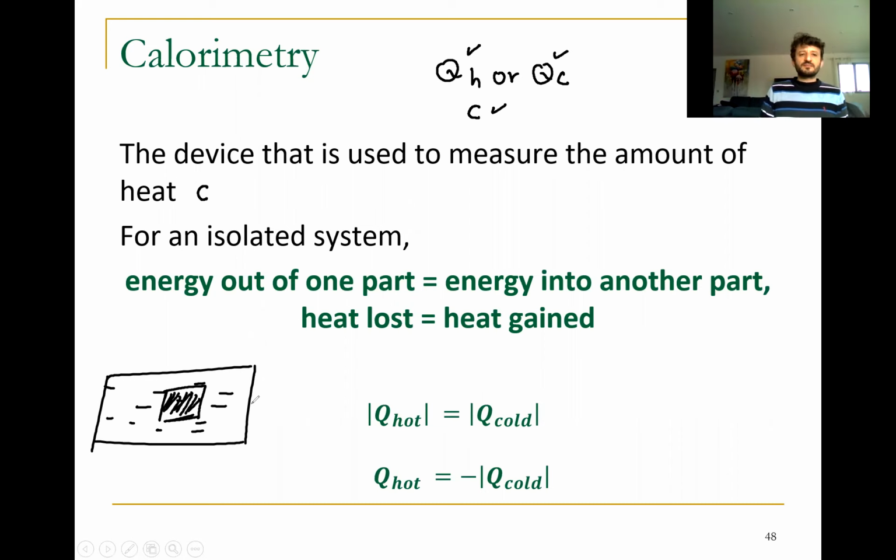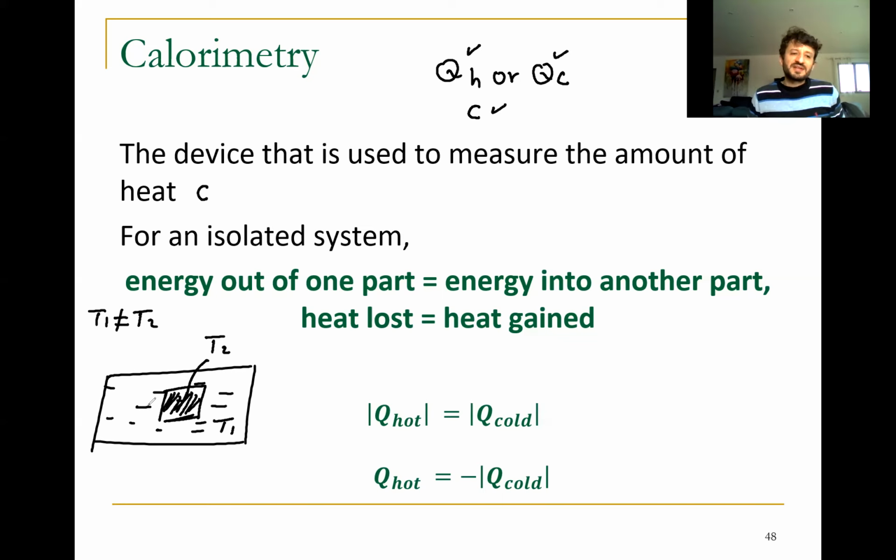The water has a temperature T1 and the object has a temperature T2. T1 is not equal to T2. As we have a difference of temperatures between the object and the water, we must have an exchange of energy between them.